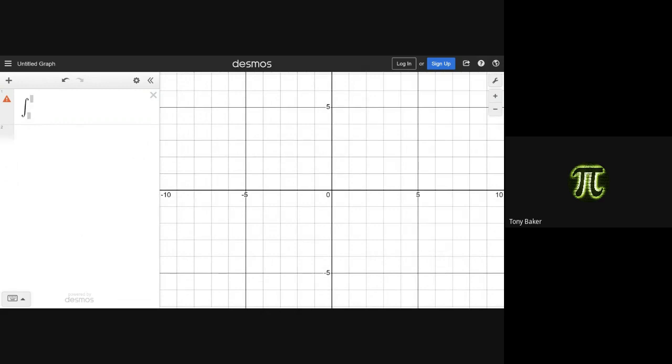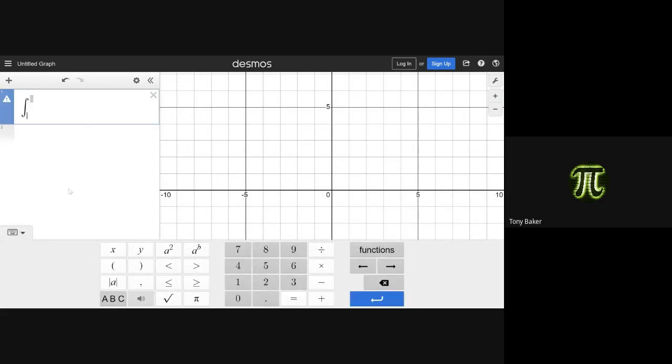It's a little bigger. And we're doing this from, it was 0 to 1 originally, and it was 2 pi, e to the x, and then the square root of 1 plus e to the 2x.